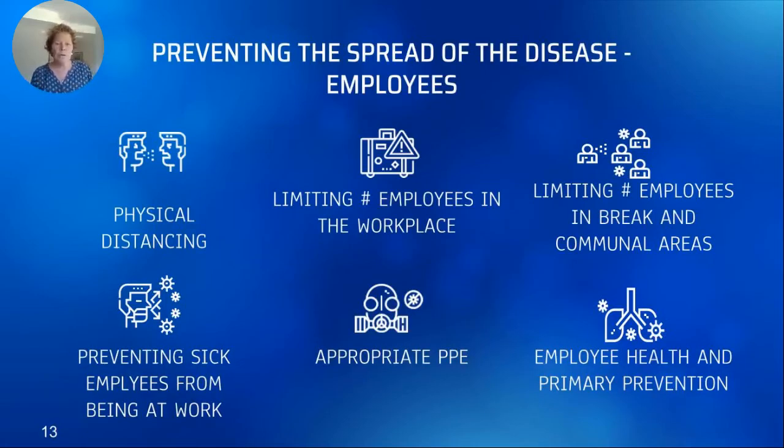Employees. What I want to talk about here is to limit the number of employees in the workplace, and limit the number of employees in break and communal areas. That's pretty much self-explanatory. I cannot underestimate the importance of physical distancing. When your employees get really concerned and you almost hear a tone of fear in their voice, the first thing we need to think about, because of the way this virus is transmitted, is keeping our distance from clients and from each other.